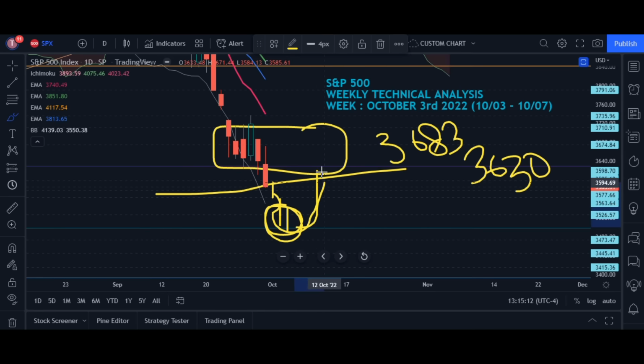This means that after holding, if the S&P 500 tries to move up, it will have the potential to move up to 3683. That will be the 200 week moving average.